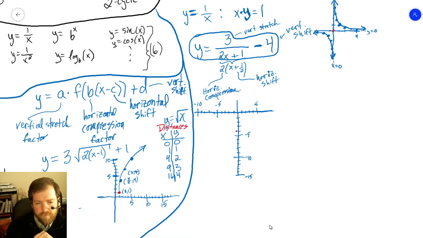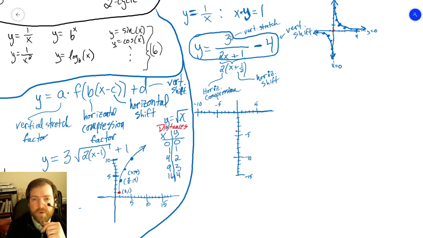From the origin point, our initial point for the rational function is 1 over 1 up. Now we have a horizontal compression factor of 2, so that 1 is now getting compressed by half, or by a factor of 2, into a distance of a half. So our initial point is going to be only a half away, so now we're back at 0.